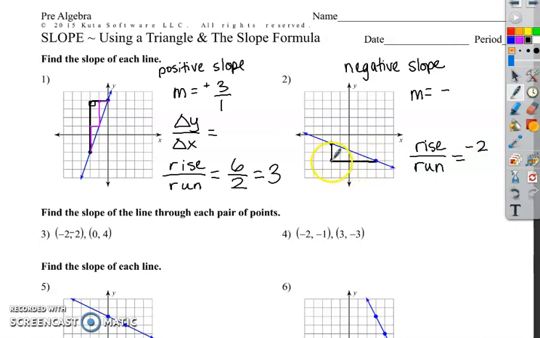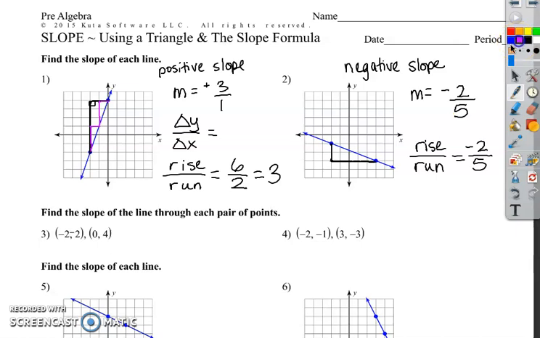But I'm going forward 1, 2, 3, 4, 5, and that's a positive. Okay, so this is the slope that I'm counting from a slope triangle: -2 over 5. That will not simplify because 2 and 5 are both prime numbers.